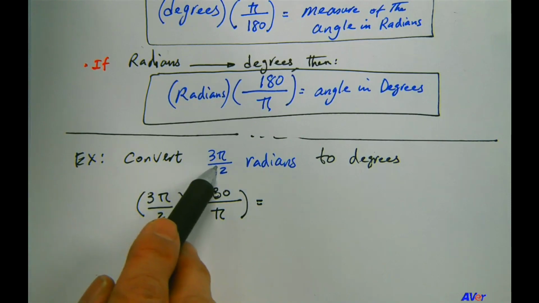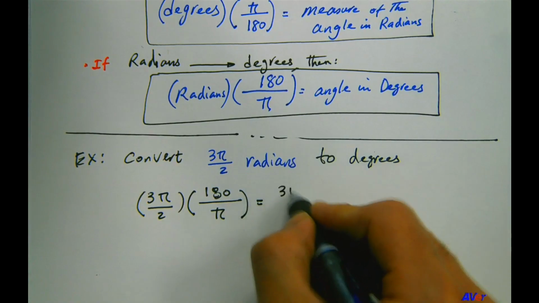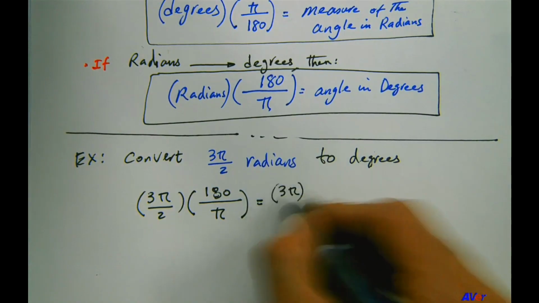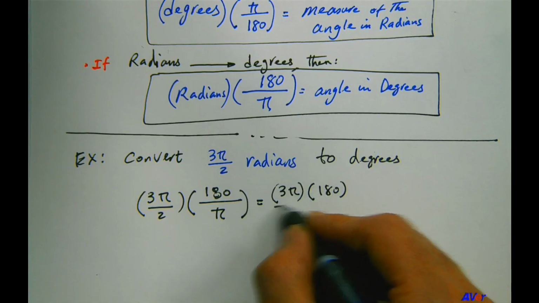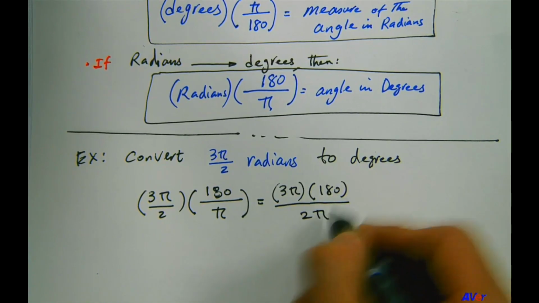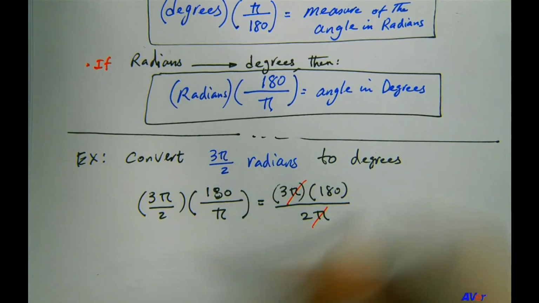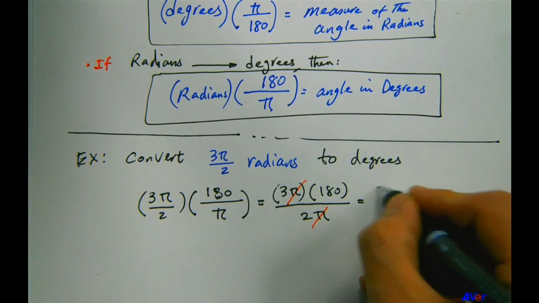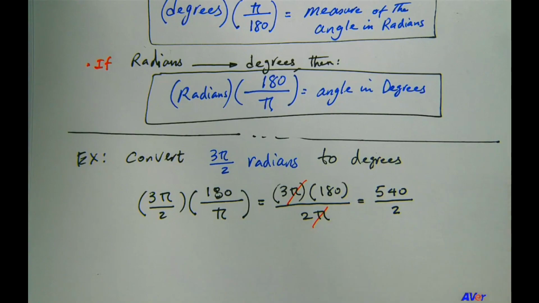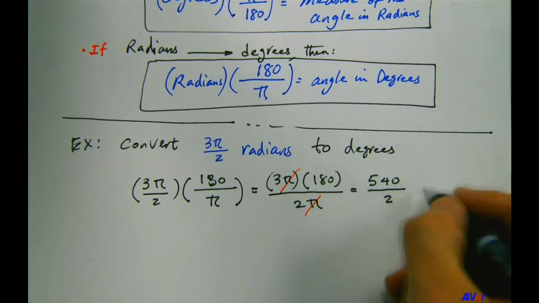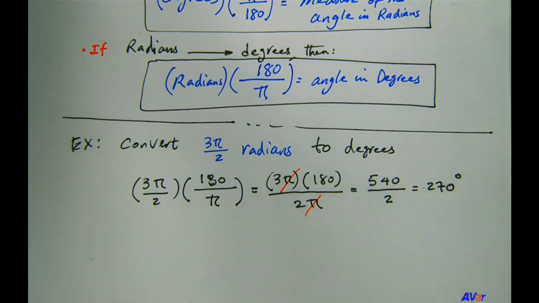So let's take this step by step. We have 3 pi times 180 divided by 2 pi, right? So the pi cancels out. We end up with 540 divided by 2, and that is equal to 270 degrees.